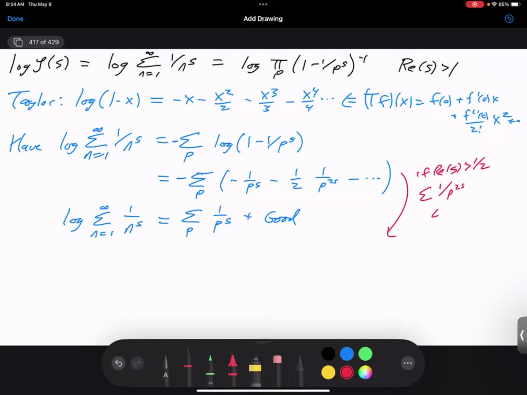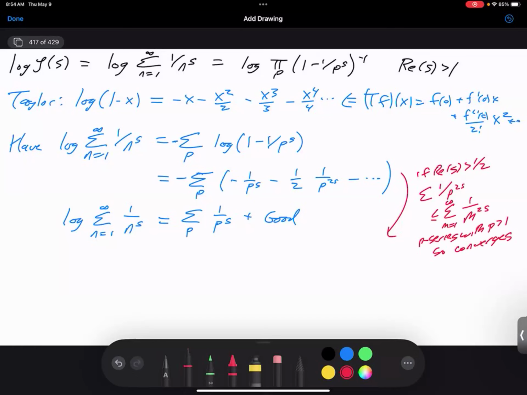This is clearly going to be less than or equal to the sum of 1 over m to the 2s, right? Instead of summing over the primes, sum over all the integers. But this is a p series with p greater than 1. So it converges.